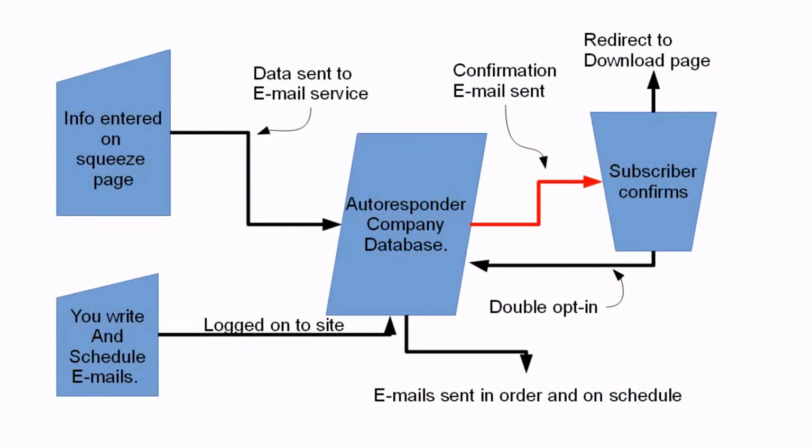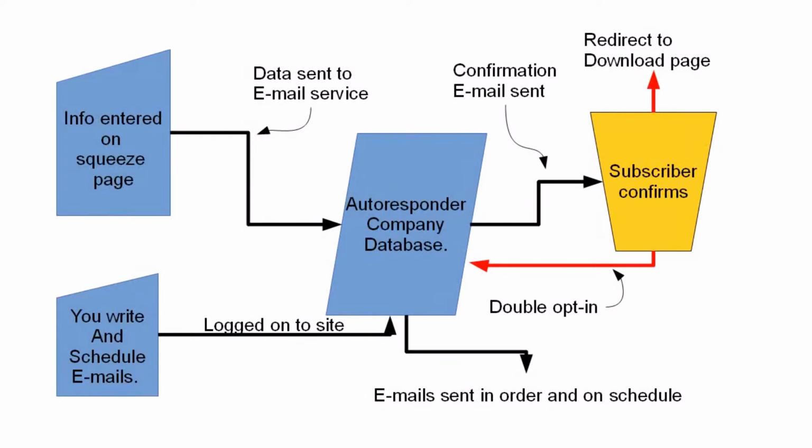They'll send the subscriber a confirmation email, and when that arrives in their inbox, the subscriber clicks on the link to confirm that they wish to receive emails from you. Then two things will probably happen. The subscriber will be redirected to your download page so they can download your free giveaway, and a message will be sent back to the autoresponder company's database.